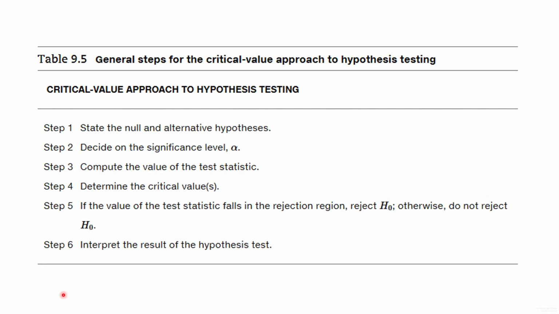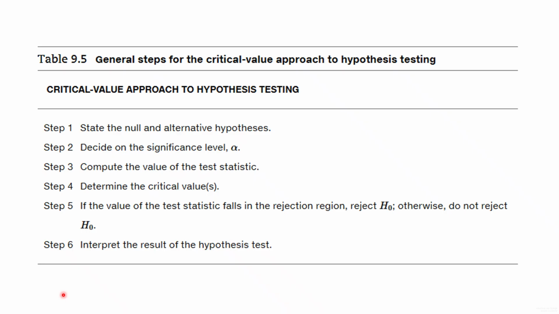So let's go through the general steps for the critical value approach. Sometimes you'll see this as the traditional approach or the classical approach, and there are 6 major steps here. So the first step is to state the null and alternative hypothesis, and this will help you to recognize if this is one or two-tailed, and then you will decide on the significance level alpha.